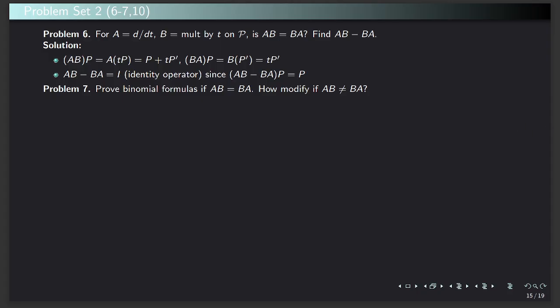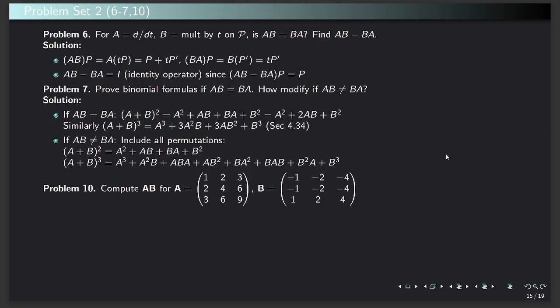So problem 7 asks about binomial formulas. The familiar formula, (A plus B) squared equals A squared plus 2AB plus B squared, holds if and only if A and B commute. If they do not, as we've shown here by just expanding it out, we must retain the distinct terms AB and BA in their correct order.